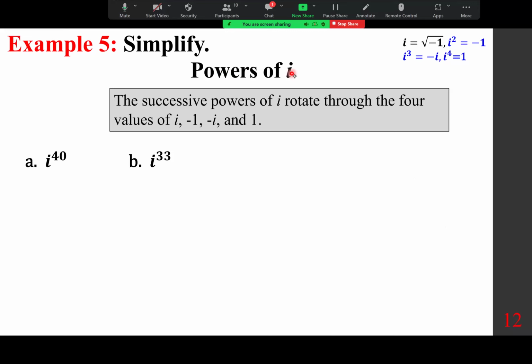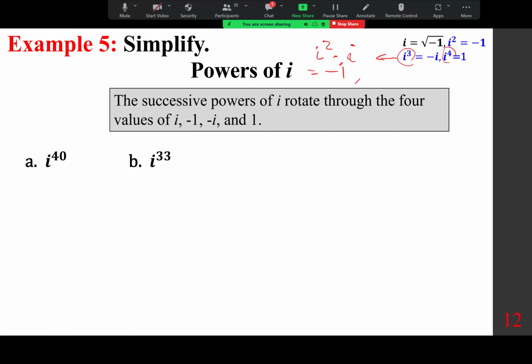Powers of I. As I mentioned, I squared is -1, I cubed is -I, and I to the power of 4 equals 1. The reason is very simple, class. Let me just quickly show you. This one is I squared times I, and we know I squared is -1, which makes it -I.